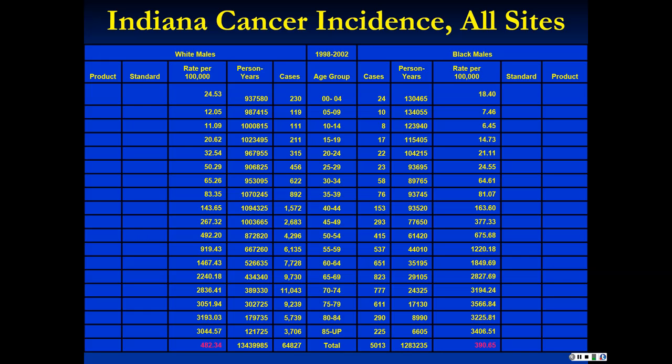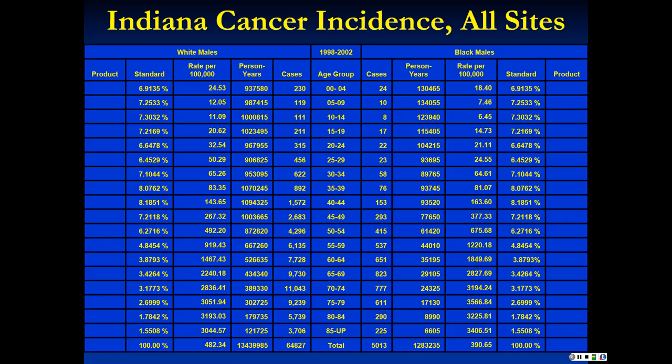So it makes sense to do a weighted average that takes account of these differences. And so we're going to need to use the weights. And because we're making a comparison within a United States state, namely Indiana, we'll use the U.S.A. 2000 standard population. So we'll use as our weights the percentage of the total U.S. population in the year 2000 that was in each age group.